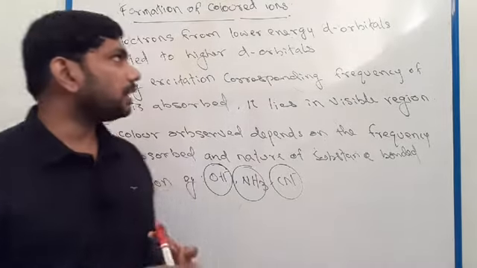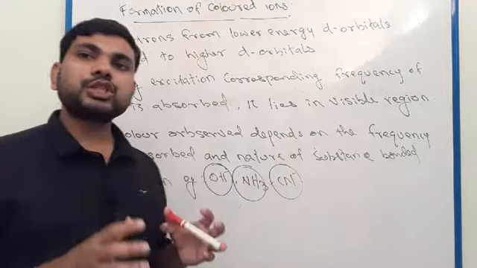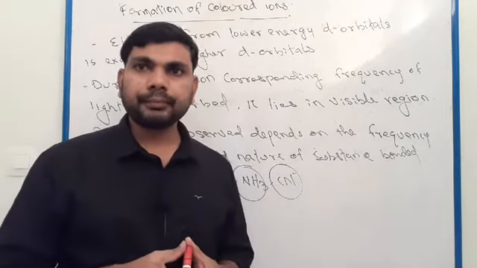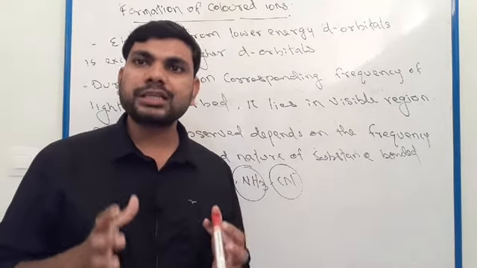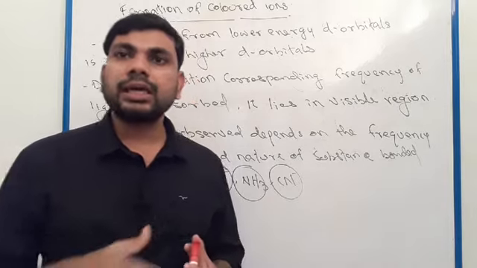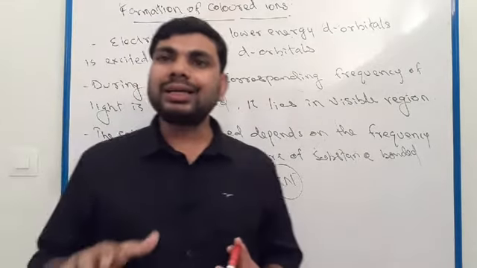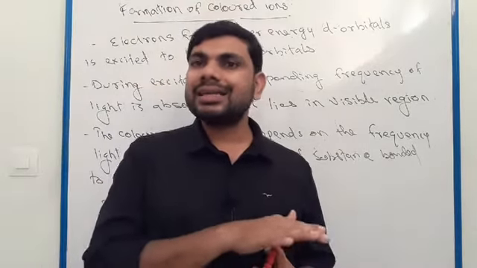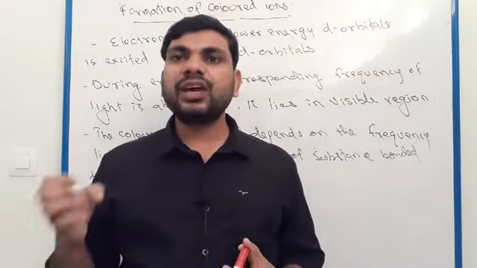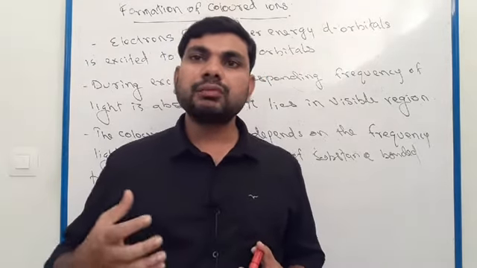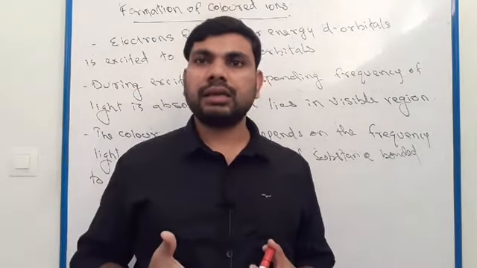Okay, so here we are talking about the formation of colored ions. How D block metals form colored ions. In the normal case, all d orbitals are in the same energy level. When they absorb energy, they will excite to a higher energy level.